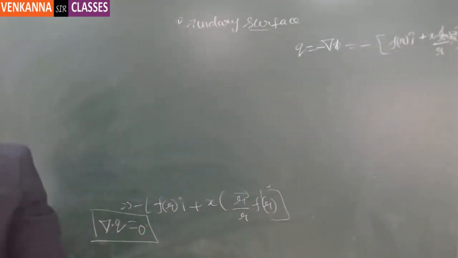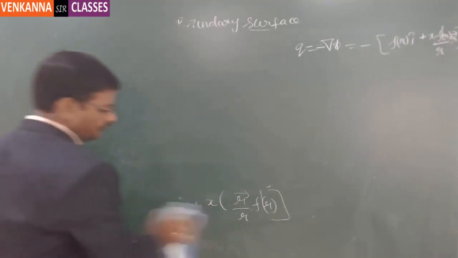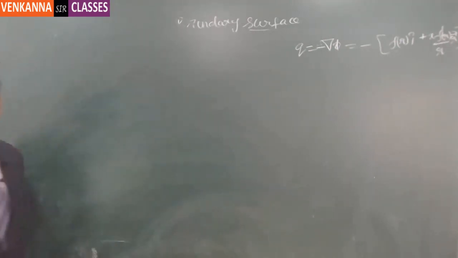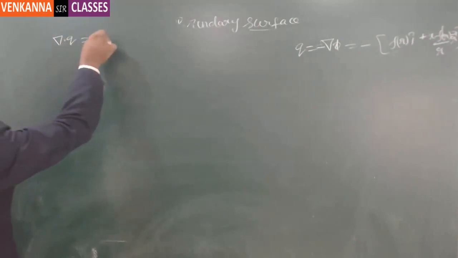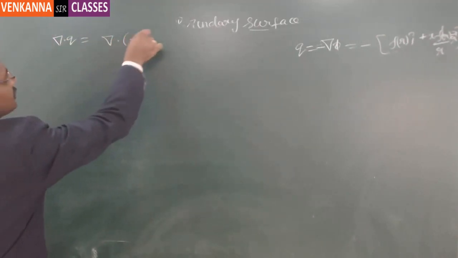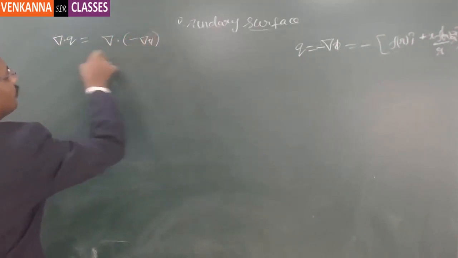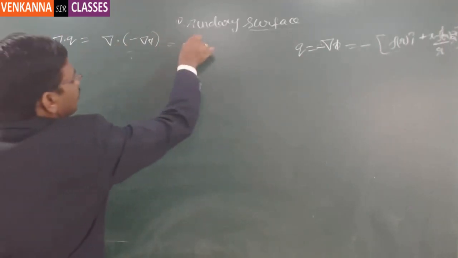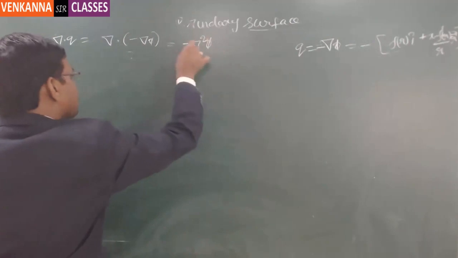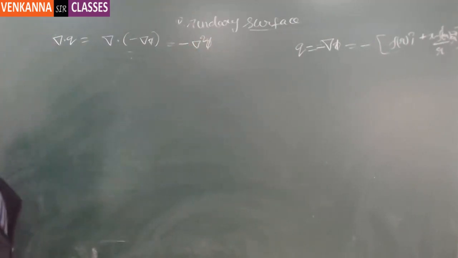And then, for proving the continuity equation for an incompressible fluid, del dot q is equal to 0. Then del dot q is equal to del dot minus del phi. So this is minus del square phi.